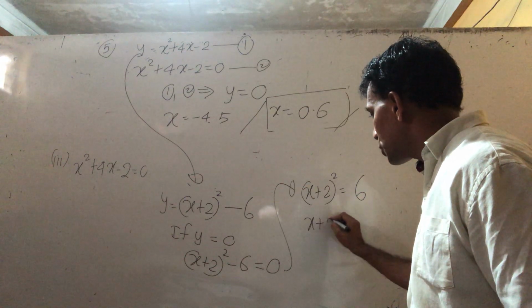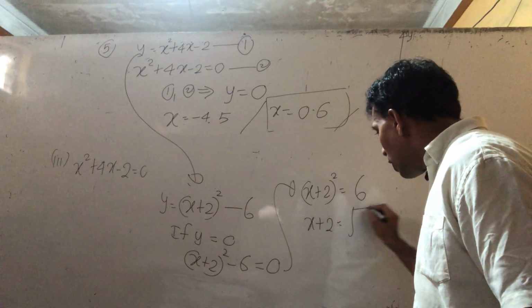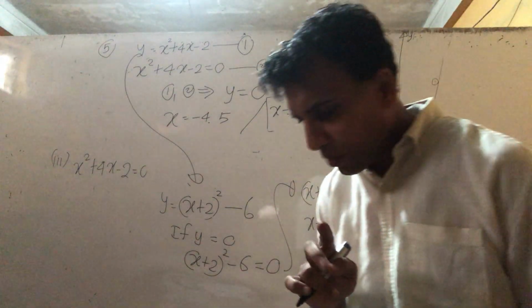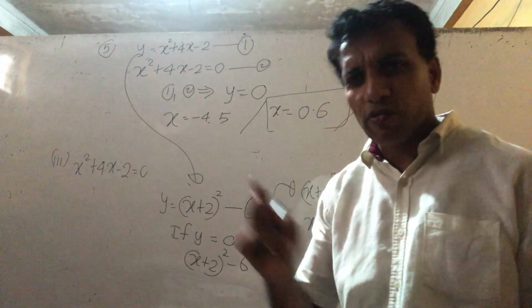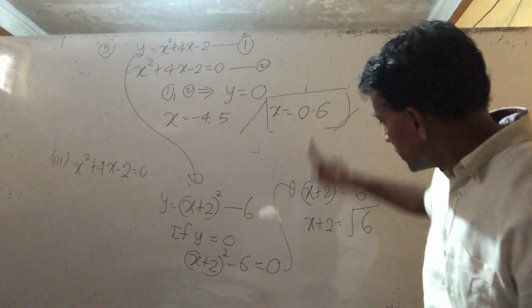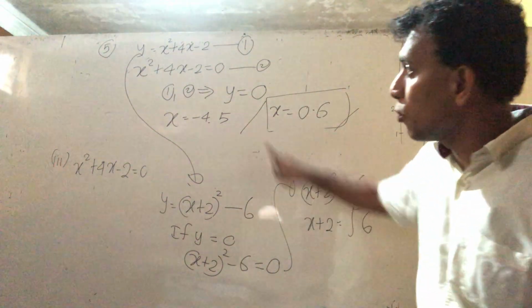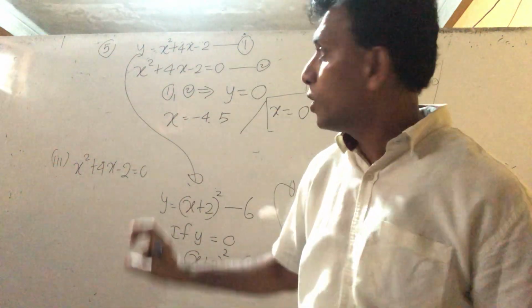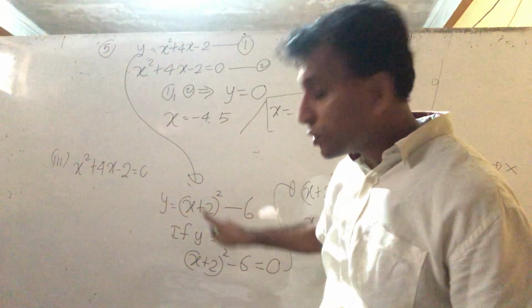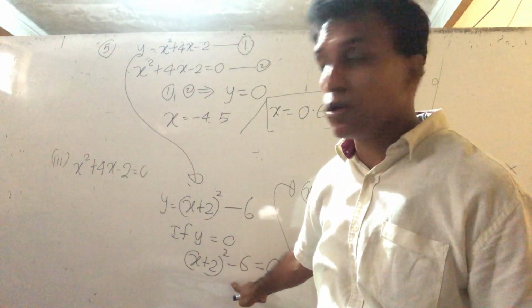Therefore, see, x plus 2 is what? Square root of 6. Square root of 6. So there, we follow the positive value only, the positive answer only. 0.6: put x as 0.6, because both equations are the same. So you already found the answers for that. The same answer for this question applies to these equations also.